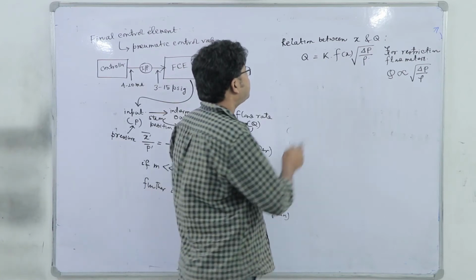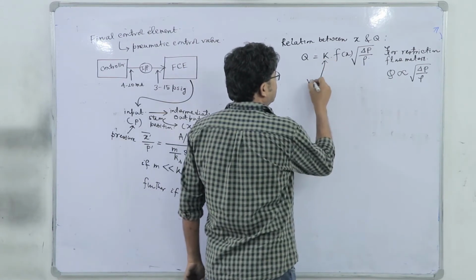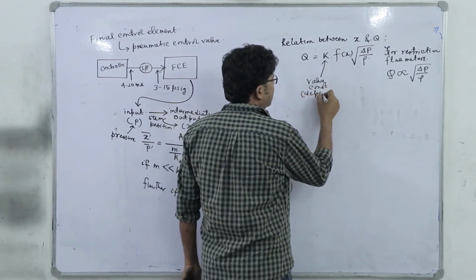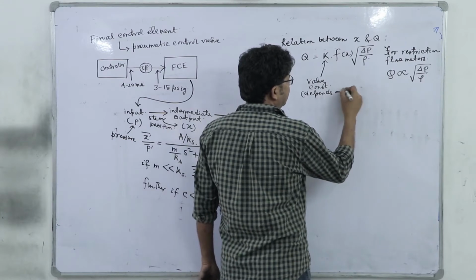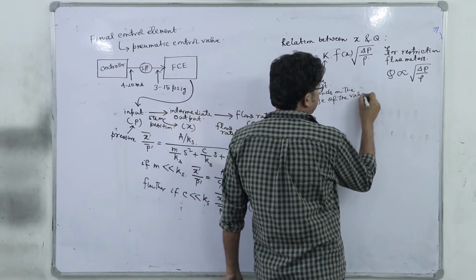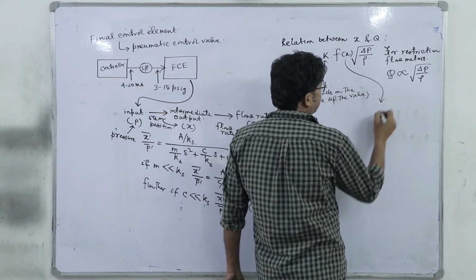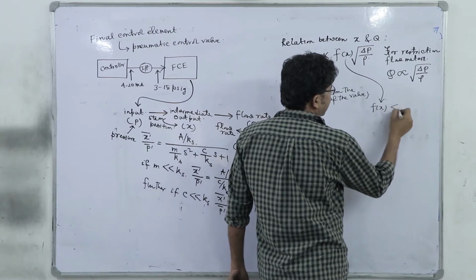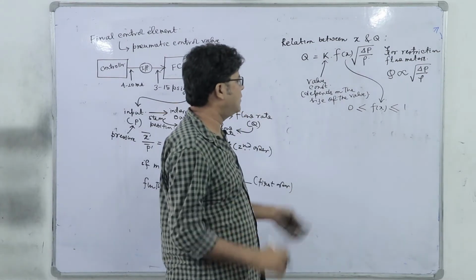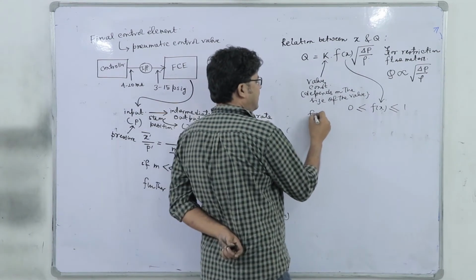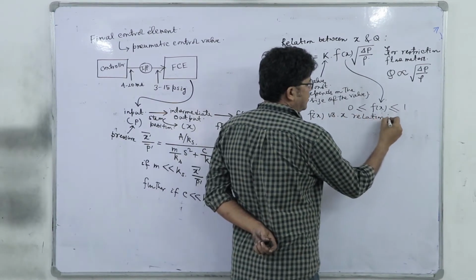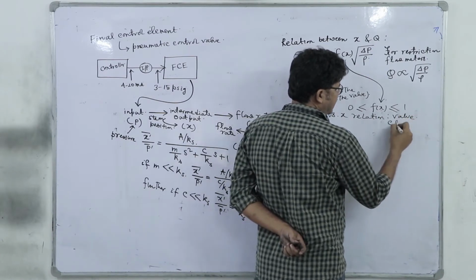So this k is called the valve constant, and it depends on the size of the valve. Whereas f(x) is normalized, that means it varies between 0 and 1, and this f(x) versus x relation is known as the valve characteristic curve.